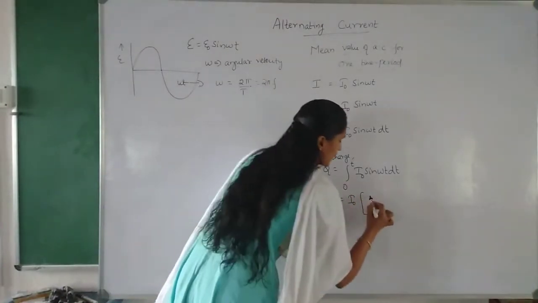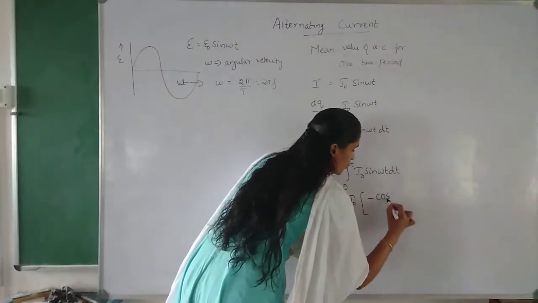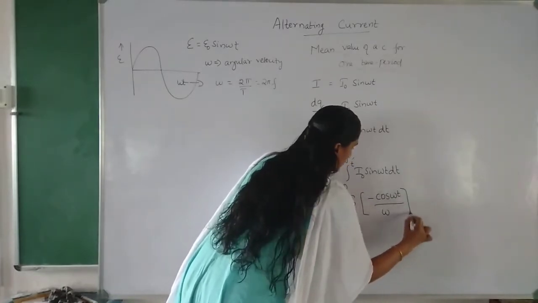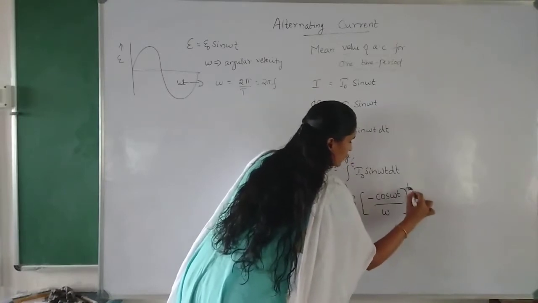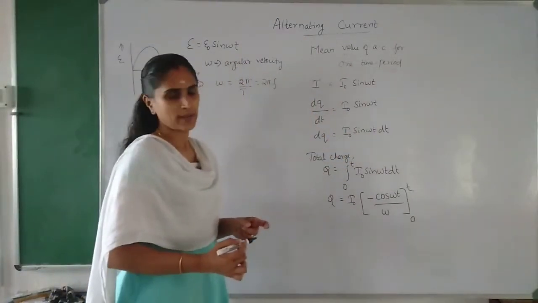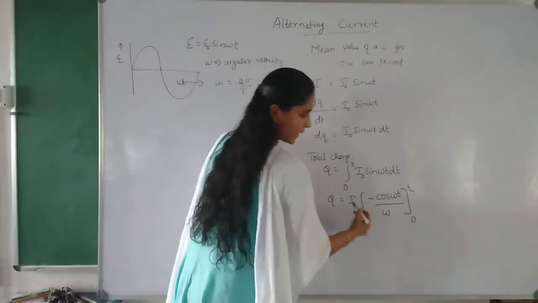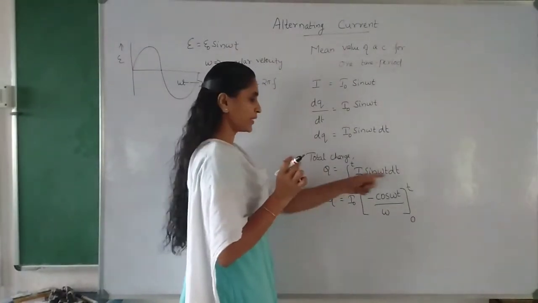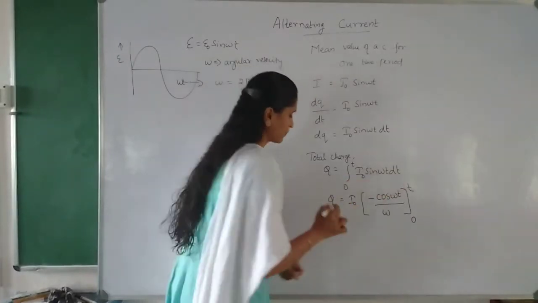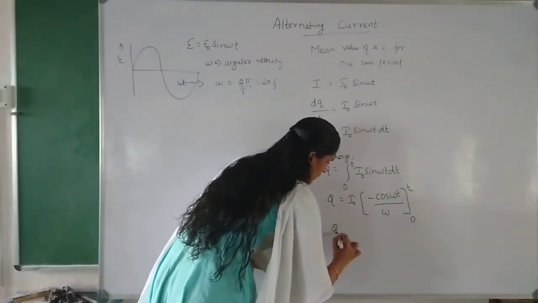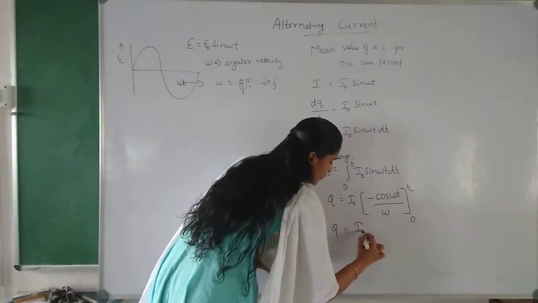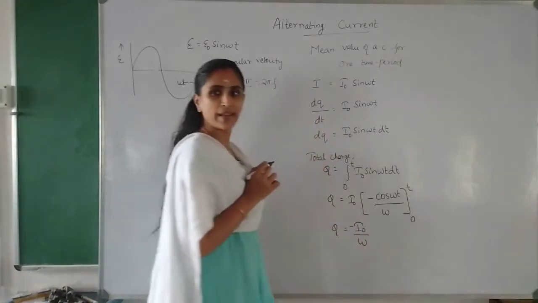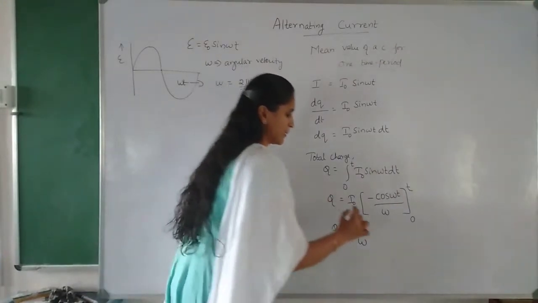Minus cos omega t divided by omega, between the limits 0 to T. Omega can be taken outside because omega is 2 pi by T and does not vary with t. So we can write minus I0 by omega.